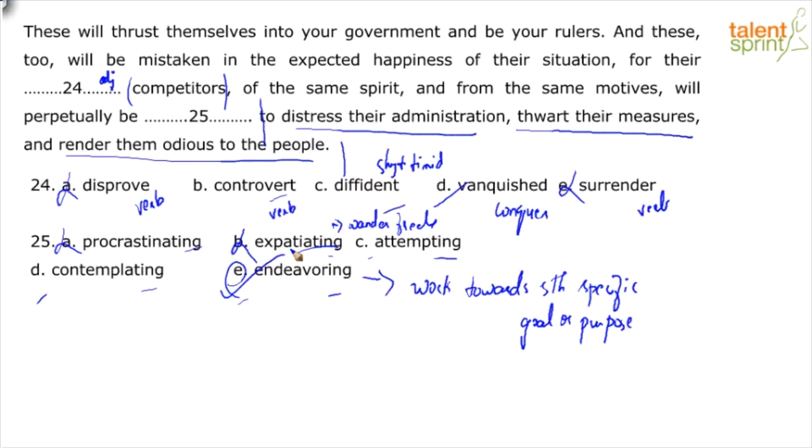So even words that might put you in a fix, where you feel it's hampering your understanding. Odious to the people means repulsive, right? Certain words, if you feel it's hampering your understanding of the context, you can make it out.